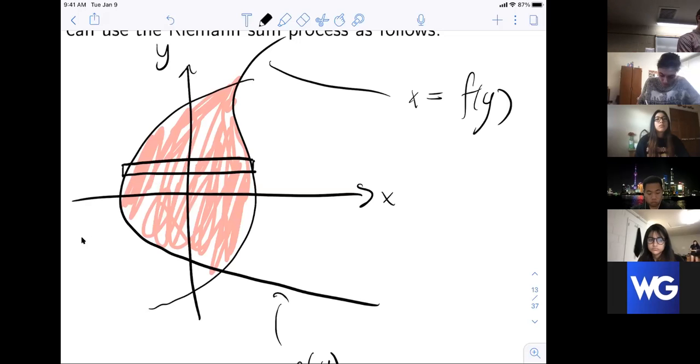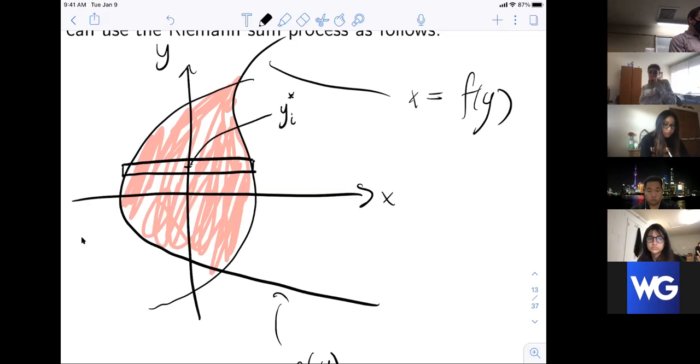And it's here at yi star. So there's a little slice centered at yi star. It doesn't have to be centered. Yi star could be any point inside of that rectangle, right?